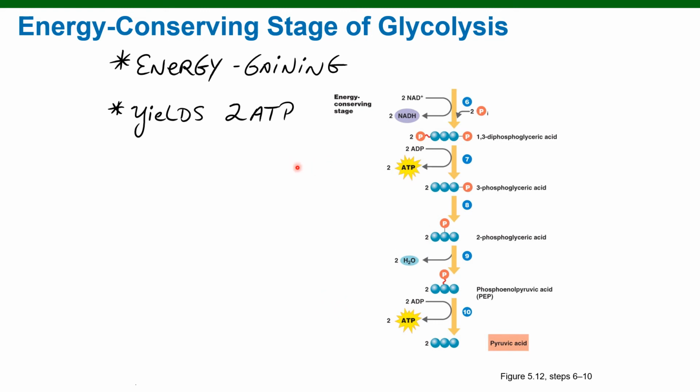So if a total of 4 ATP are made during these final steps of glycolysis, and we minus out the 2 ATP that were invested during the first 5 steps, we get a total yield of 2 ATP.